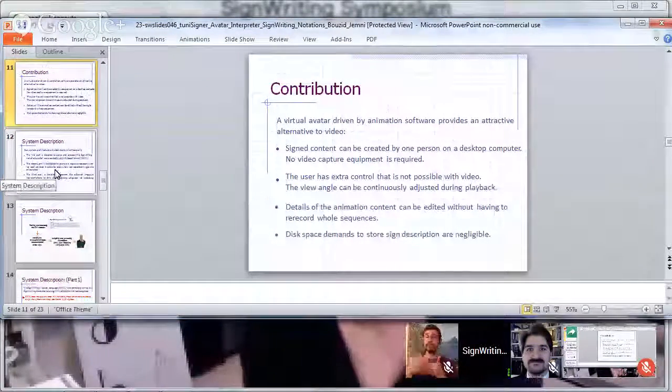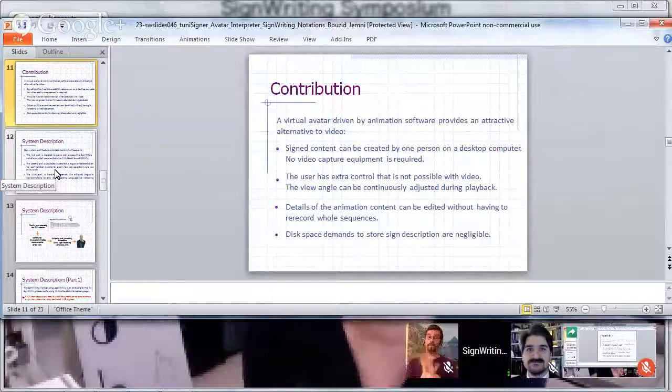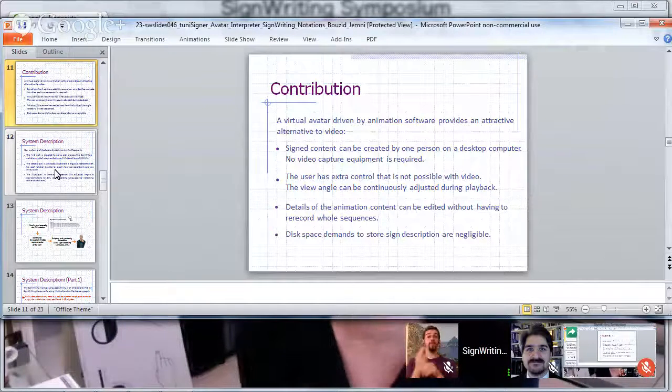A virtual avatar driven by animation software provides an attractive alternative to video. Sign content can be created by one person on a desktop computer. No video capture equipment is required. The user has extra control that is not possible with video.